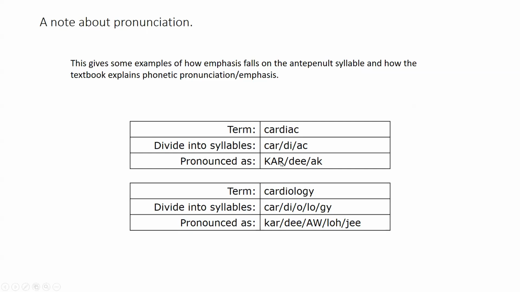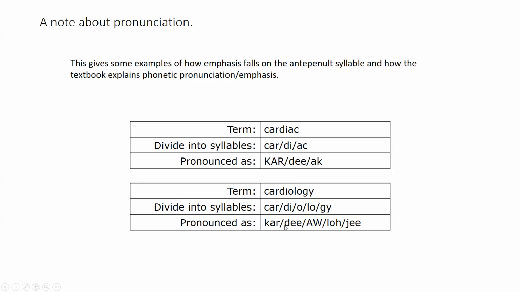If we change that a little bit to cardiology, you break that into syllables, count backwards: the ultima, penult, antepenult. It's the O, or the "aw" sound, that gets the emphasis. Cardiology.